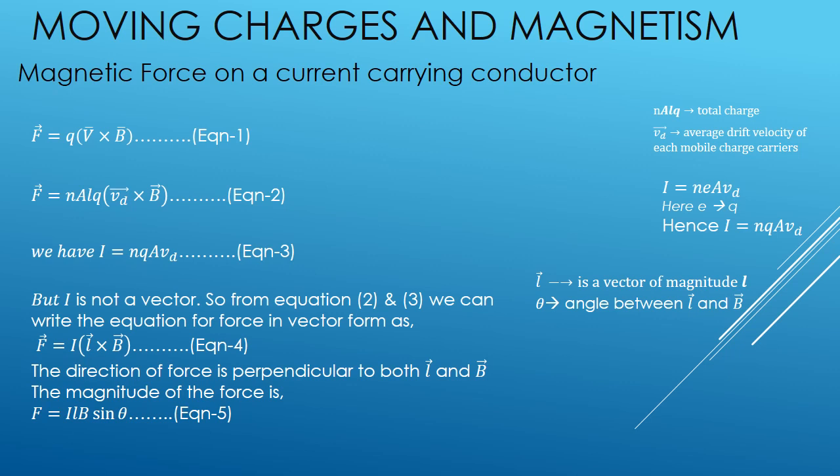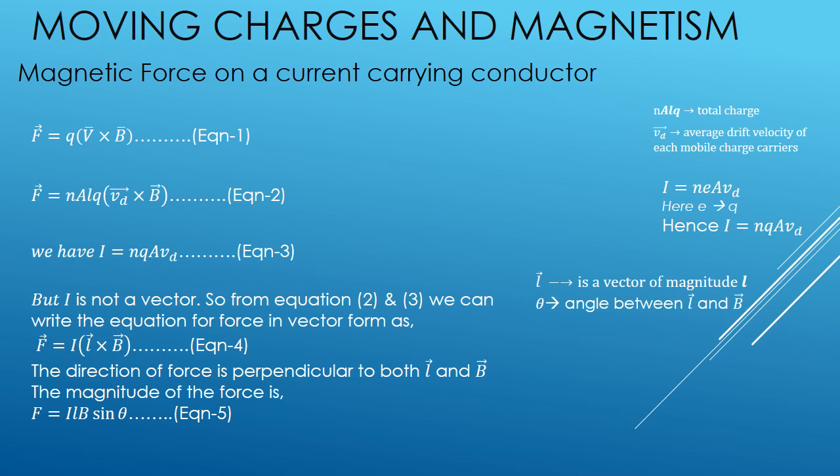In our situation, the charge on each carrier is q. So in place of e, you can write q. So the equation for I will be nqAvd. That we can write as equation number 3.